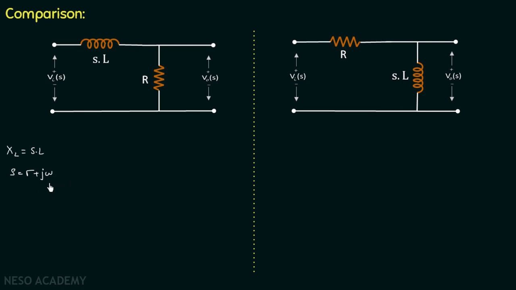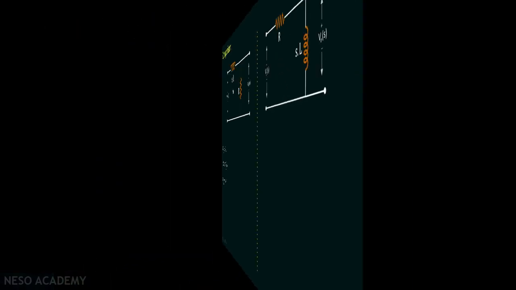So s is the frequency dependent term, so we can say that the reactance of inductor is directly proportional to frequency. So for high values of frequency, the reactance of inductor will be high and it will behave as an open circuit. On the other hand, if the frequency is low, the reactance of inductor will be low and it will behave as a short circuit. So now we know that the inductor behaves as an open circuit for high values of frequency and it behaves as a short circuit for low values of frequency.